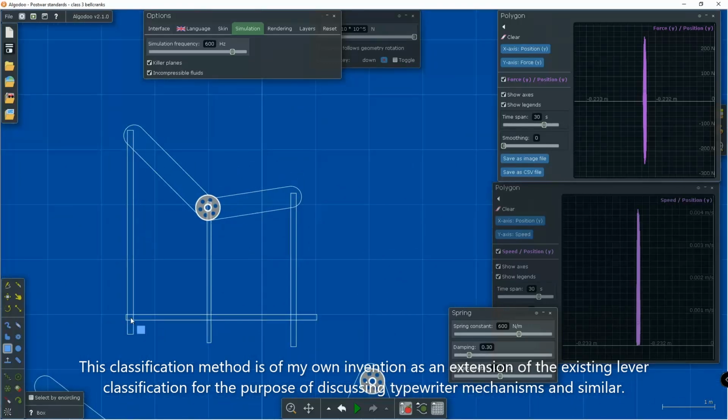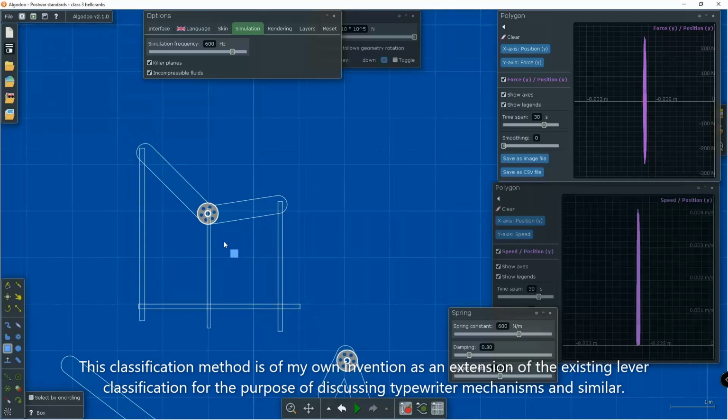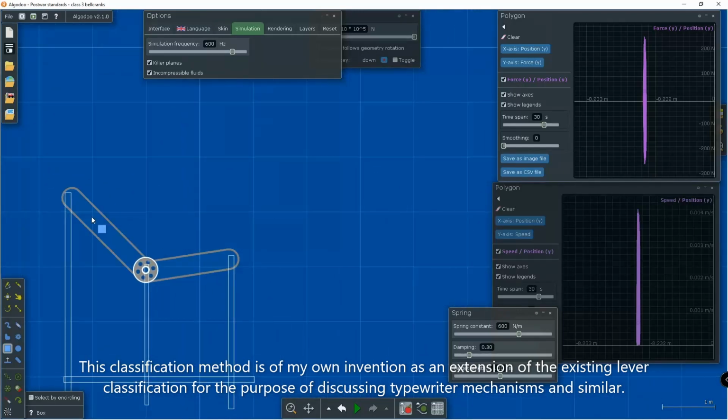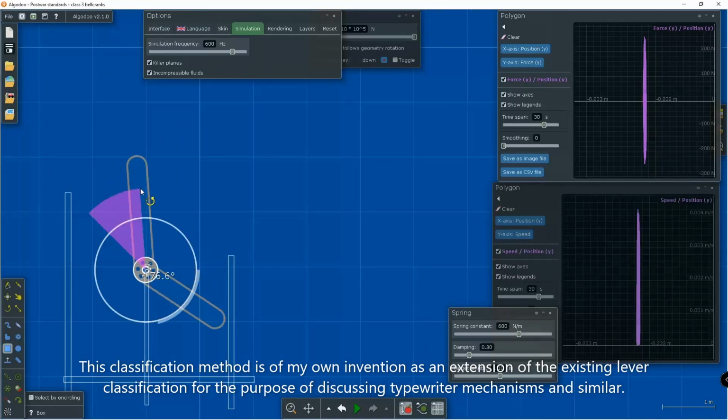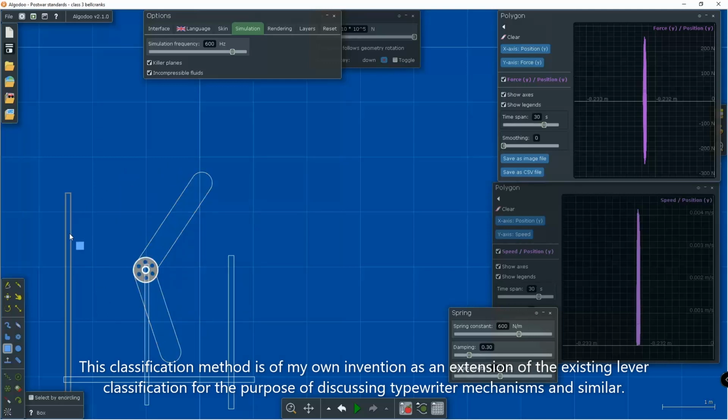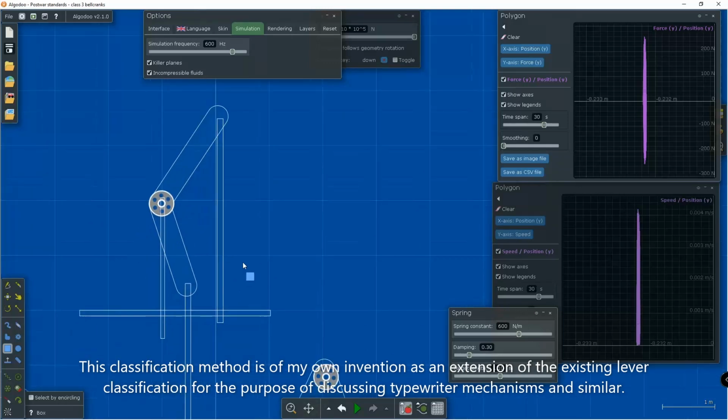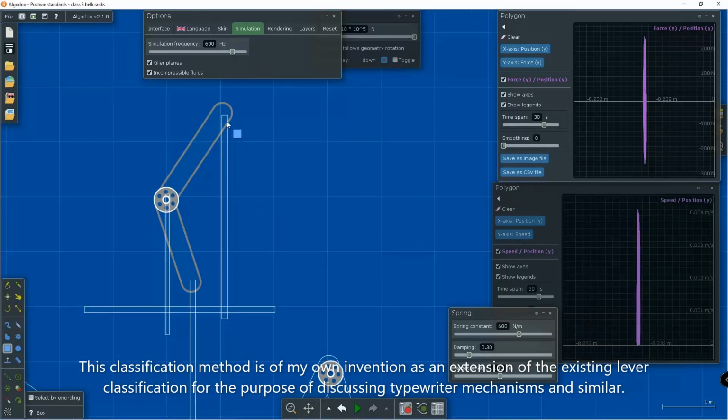So if the order is effort, fulcrum, load, then that's class 1. But if, for example, we were to rotate this bell crank like this, and our effort was over here now, while our load is over here, we end up with effort, load, and then fulcrum. This is a class 2 lever.